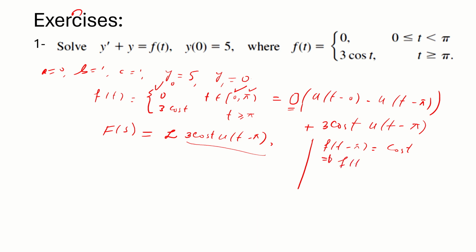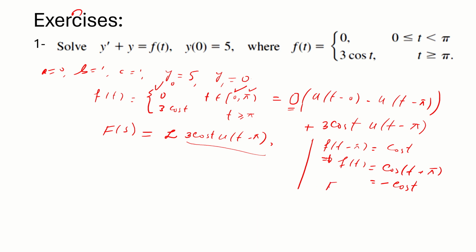Keep in mind, this f of t and the f of t we are referring to elsewhere are different. I am trying to find the Laplace transform in a general setup. So f of t will be cos of t plus pi, where cos(t plus pi) is equal to minus cos t, applying the cos alpha plus beta formula. So we have cos alpha cos beta minus sin alpha sin beta, keeping in mind sin pi is 0. So we get cos t into cos pi, which is minus 1, so it's minus cos t.